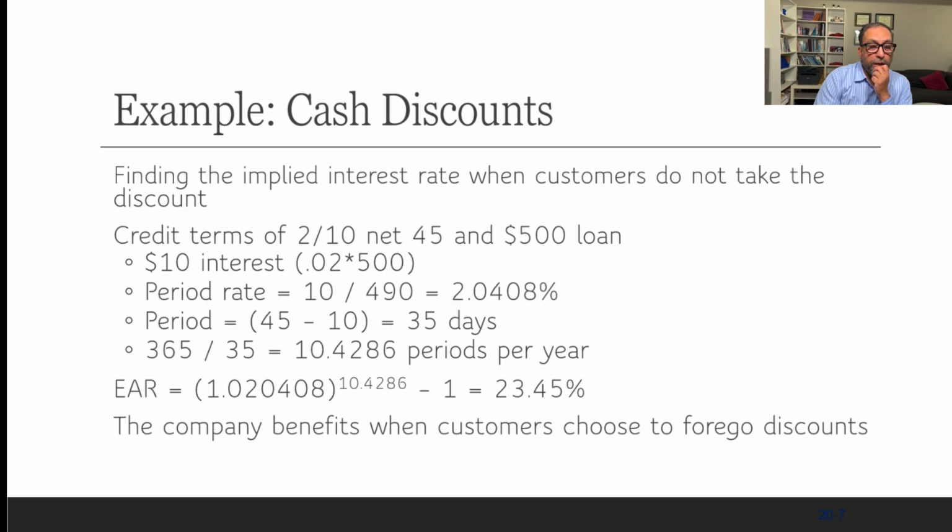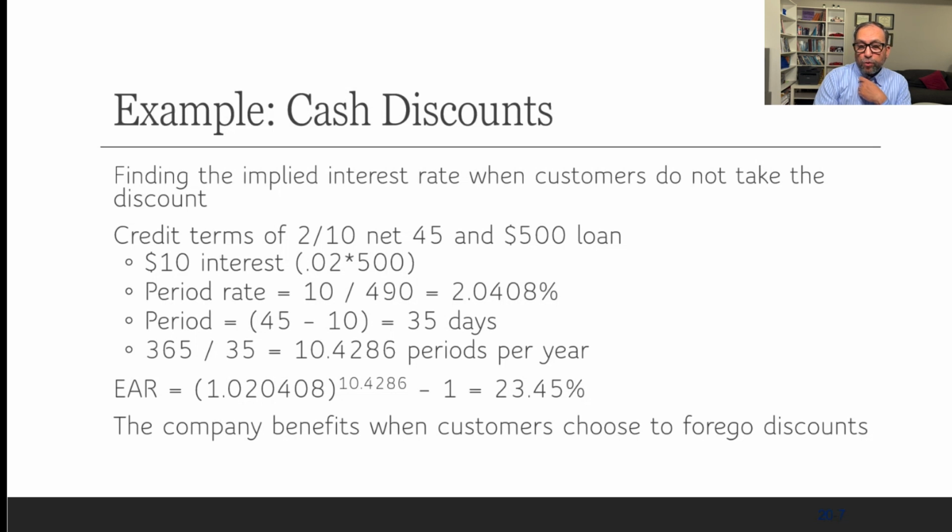So we take 1 plus this interest rate, 1 plus 0.020408, and raise it to the power of the periods per year, then subtract 1.